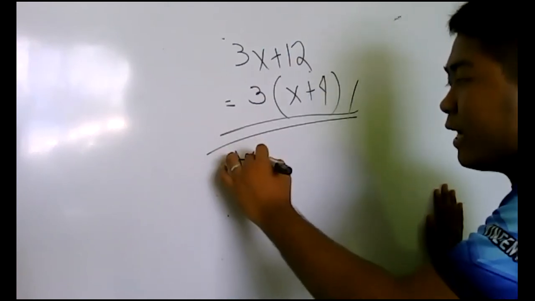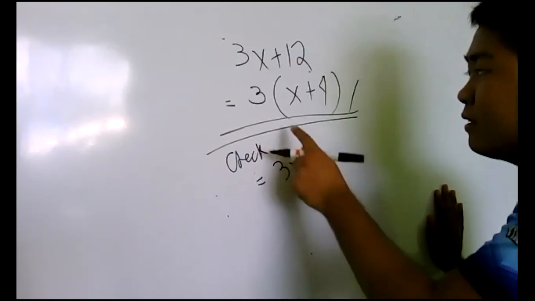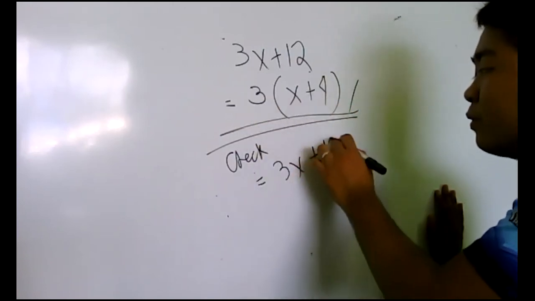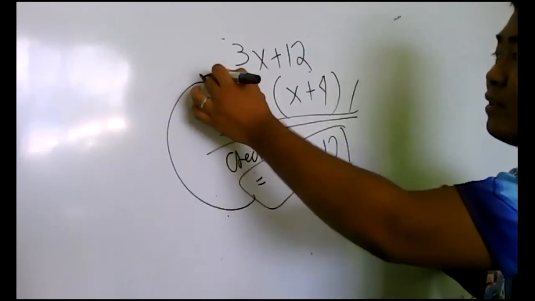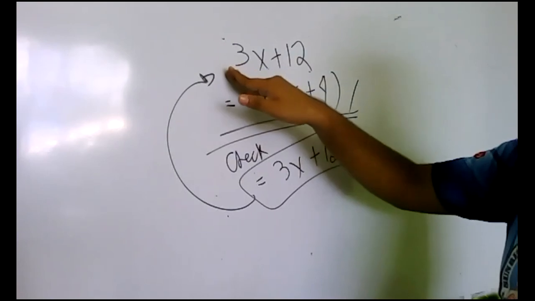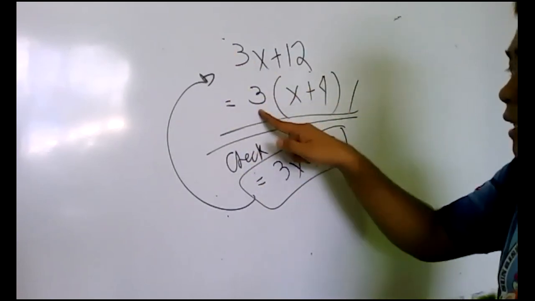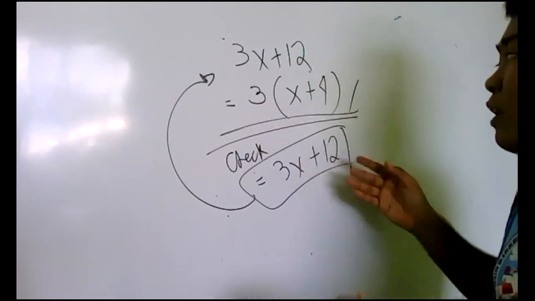So let's try to check. 3 times x, we have 3x. 3 times 4, we have 12. So using distributive property as checking, you can now check if it is the same. Therefore, your answer 3 times x plus 4 is indeed correct.